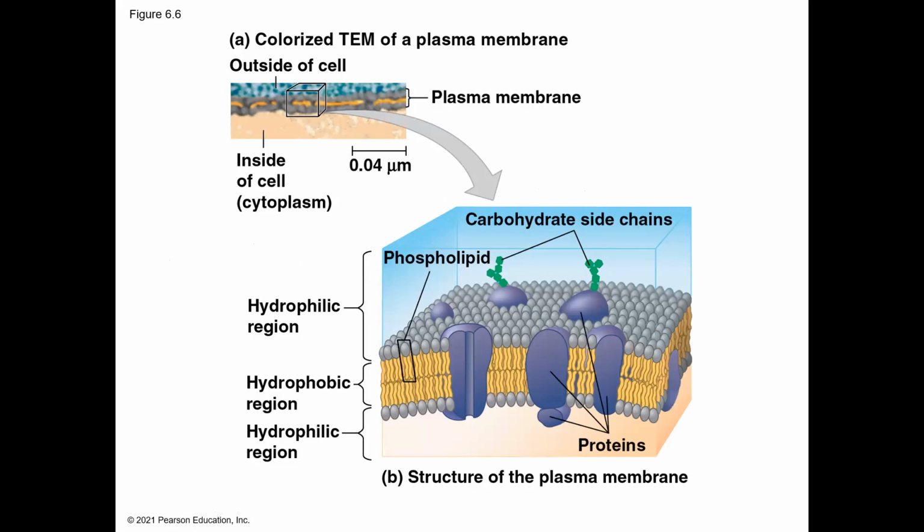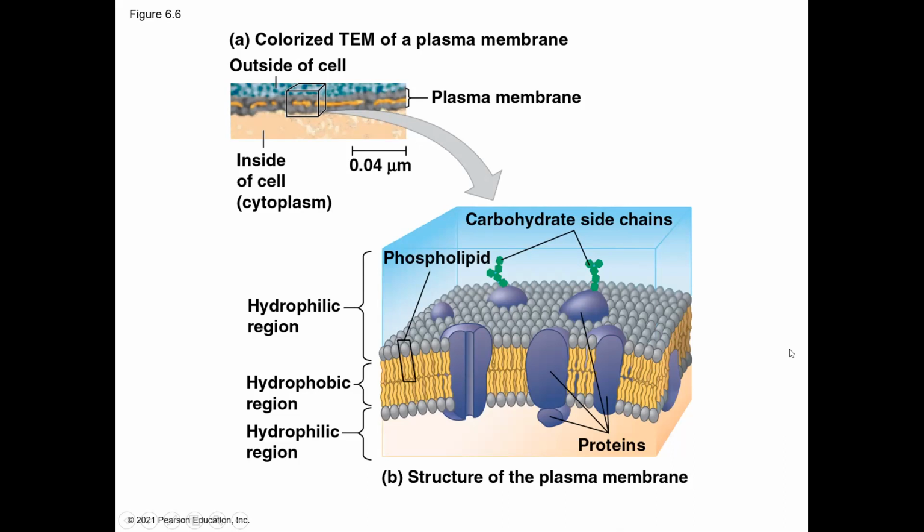So in this diagram, you can see the structure of the plasma membrane. The plasma membrane is made up of a lipid bilayer. Remember in chapter 5, we covered phospholipids. The lipid bilayer is two layers of lipids with the hydrophilic heads facing towards the outside and the hydrophobic tails facing inwards.